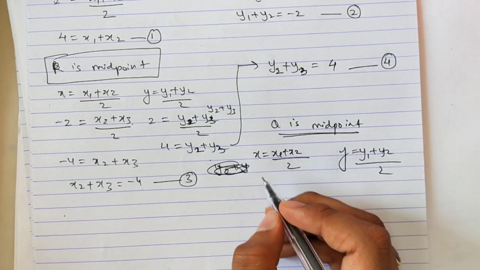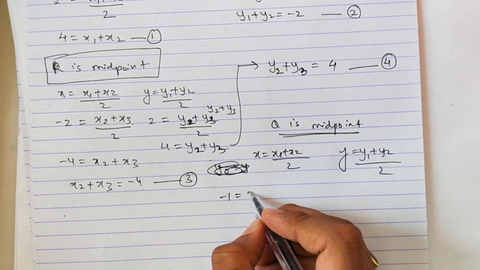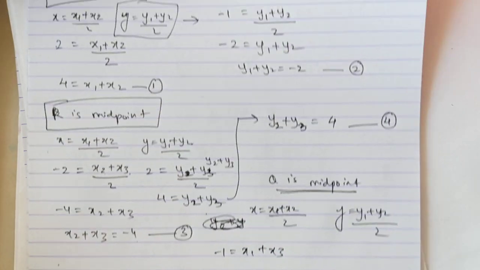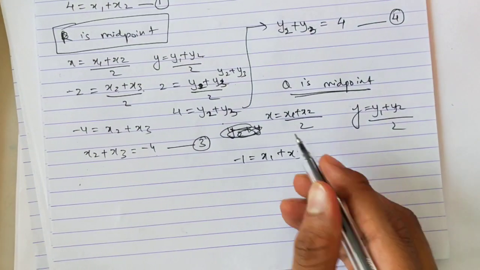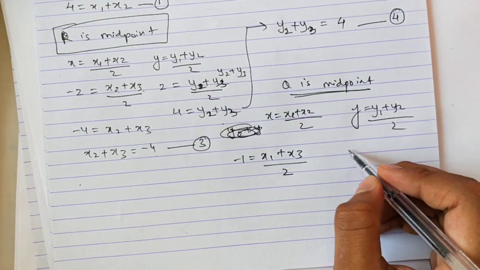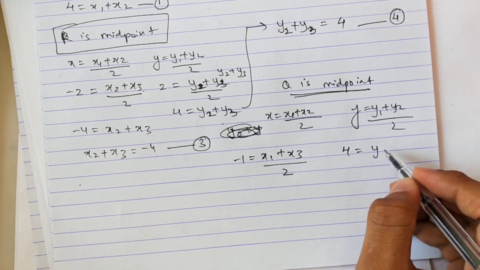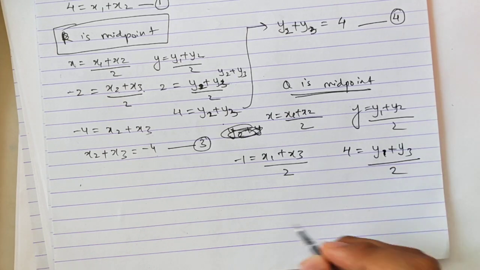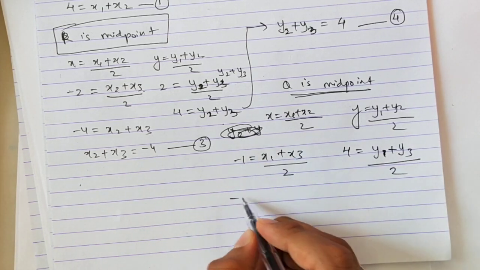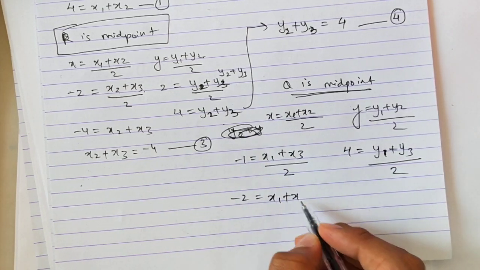So x was -1 is equals to, I had x1 plus x3 upon 2. And here y was 4. So y1 plus y3 upon 2. This 2 will get multiplied here. So -2 is equals to x1 plus x3.